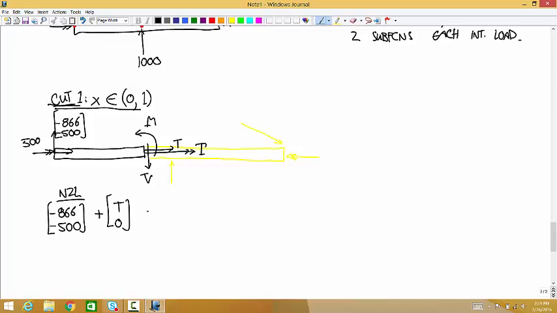V is in the negative y direction, so that's 0, negative V. And those are equal to 0. So that tells us that over this whole interval, from 0 to 1, the internal tension is equal to 866, and the internal shear force is equal to negative 500.